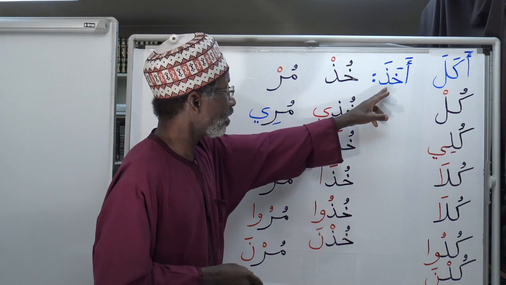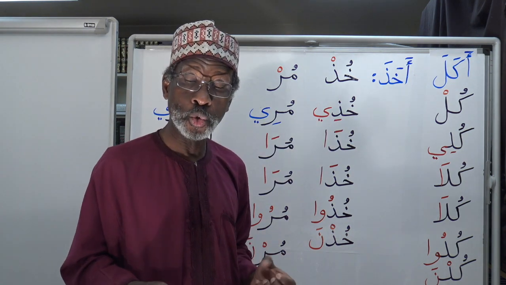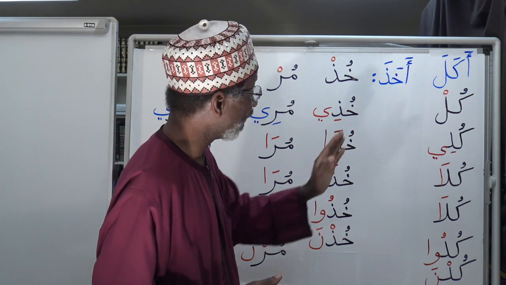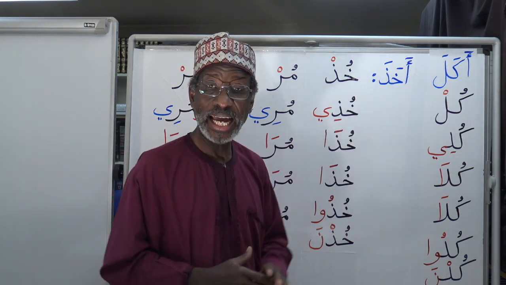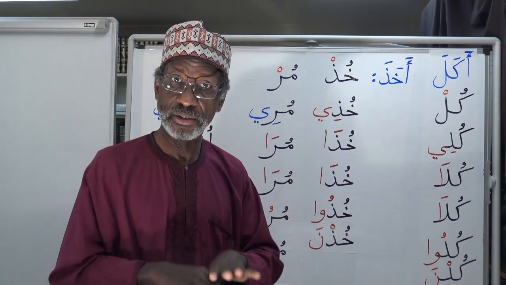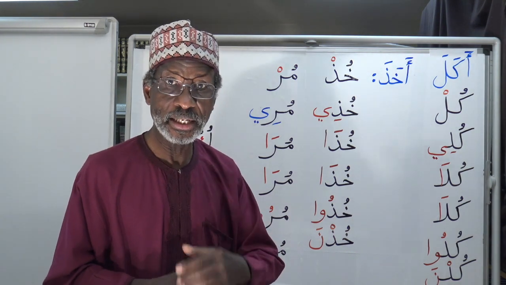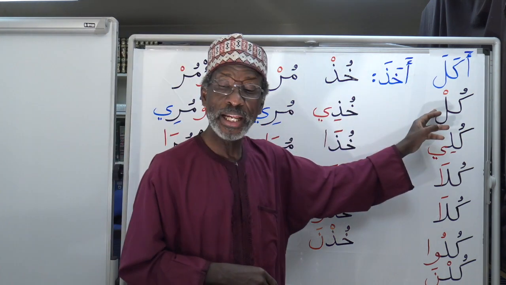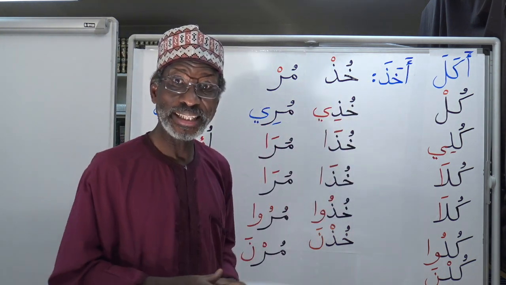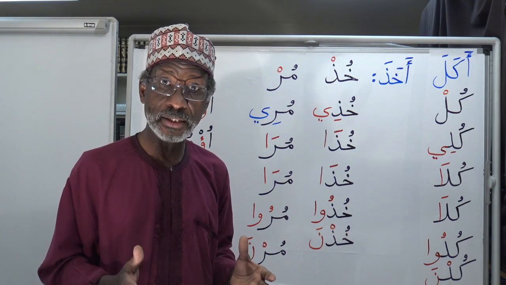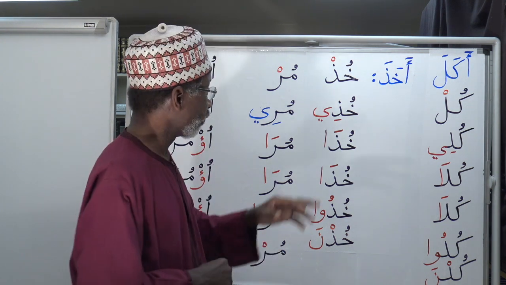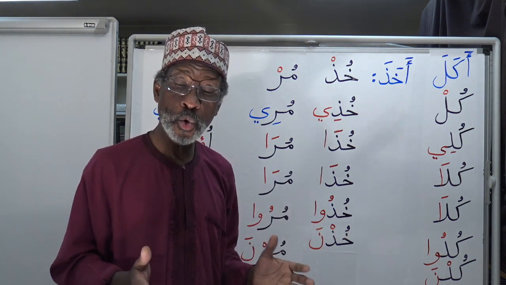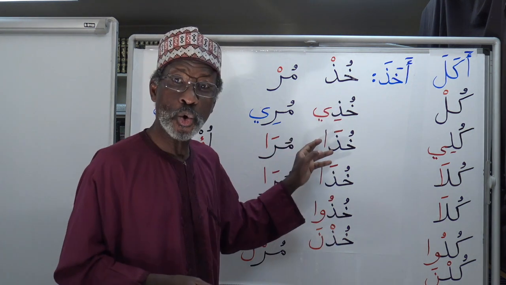Now, akhadha, and that is the verb to take. Akhadha. Again, just as we explained with akala, the past tense and present tense are normal templates. Let's look at the imperative. It becomes khudh, just as we say kul here. So khudh, instructing a single male, take. If you are instructing a single female, you say khudhi.